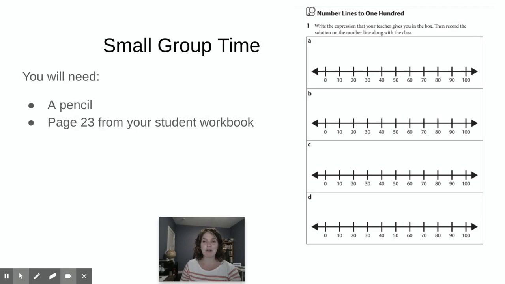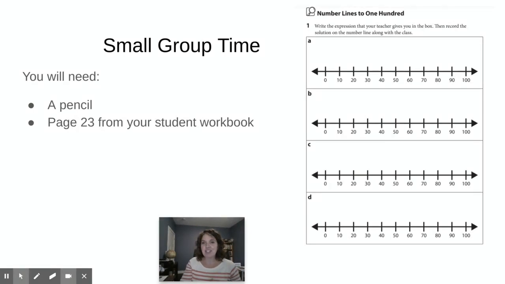So just a reminder, we found out that both of our packets say student book on the bottom, but we're going to look at the top part. And the top part will either say Bridges Mathematics or Number Corner. This is not Number Corner. So we are working in the other booklet.